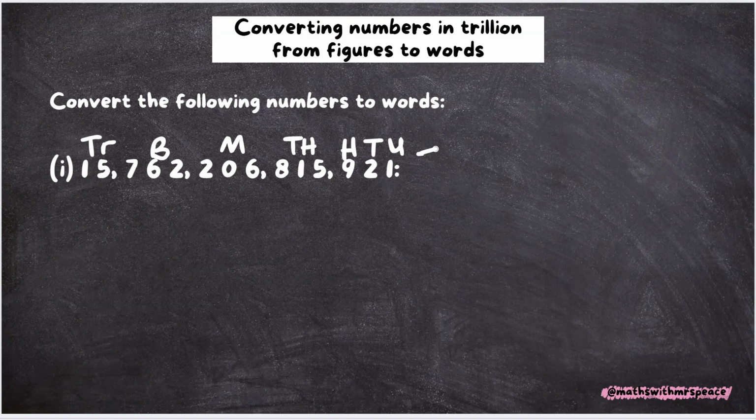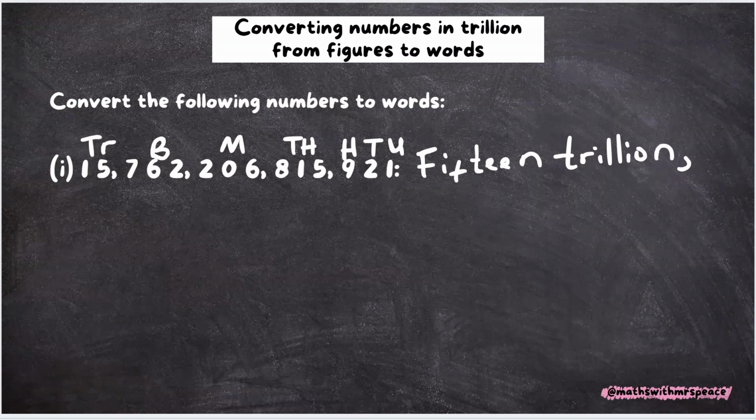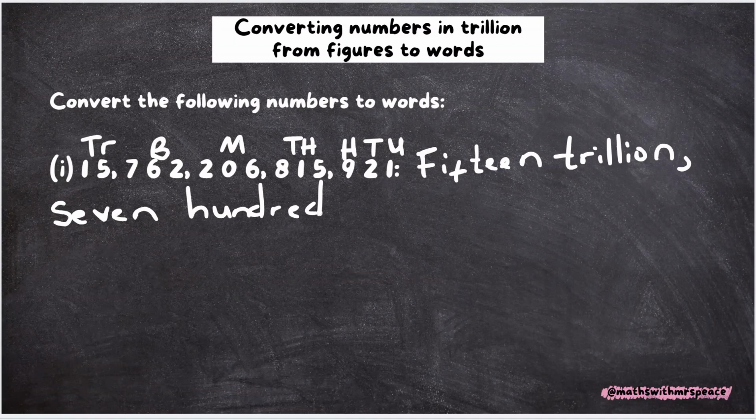This is going to be 15 trillion, followed by a comma. Let's go to our next three numbers there. That's going to be 762 billion.